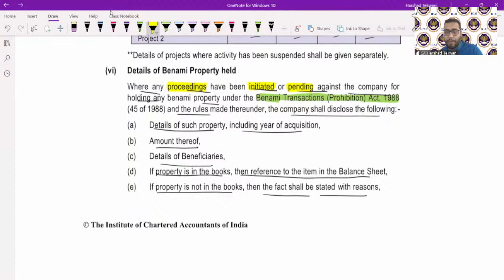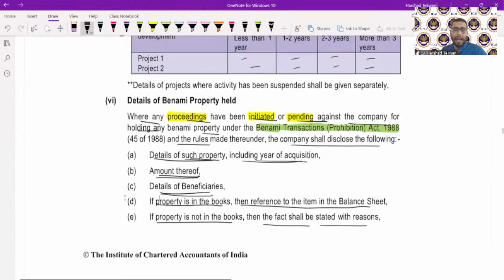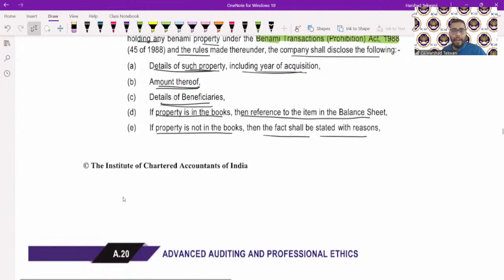So if any proceeding is going on, you need to provide the details of such property and year of acquisition, amount thereof, details of beneficiaries, who are the real beneficiaries of that property as per the company. If the property is in the books, then reference to the item.